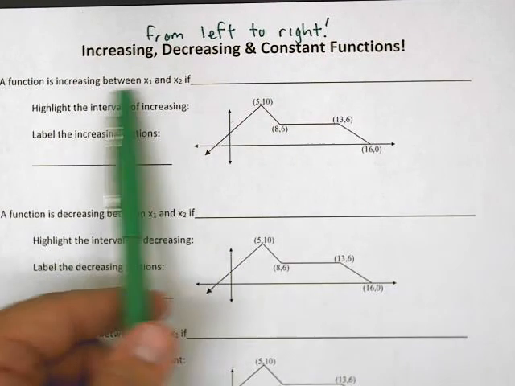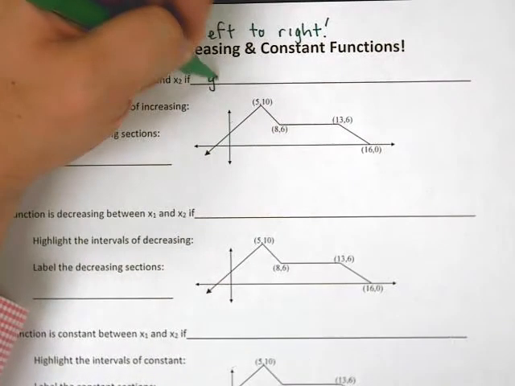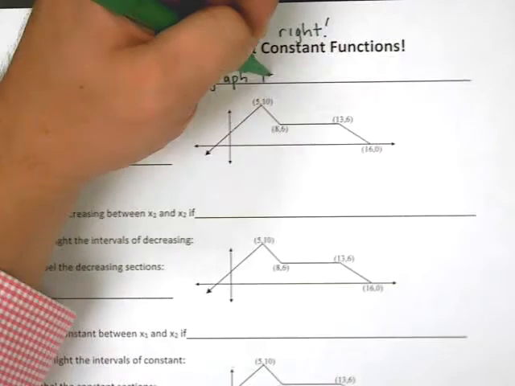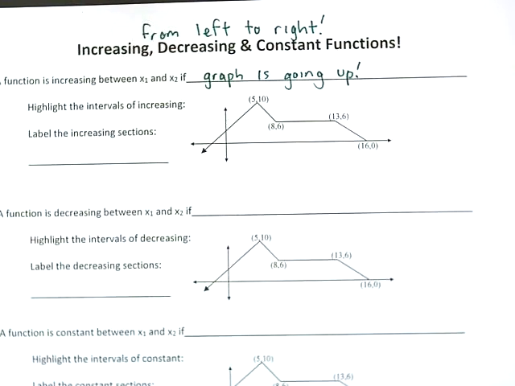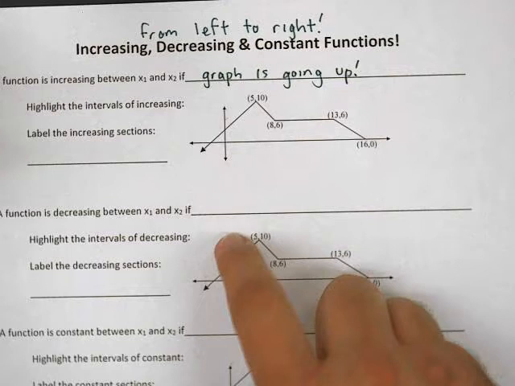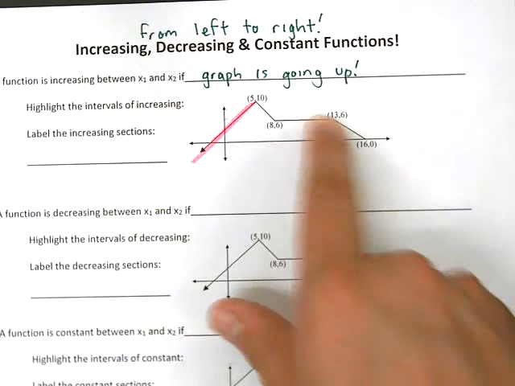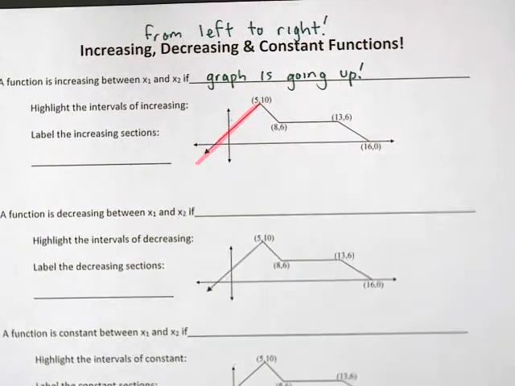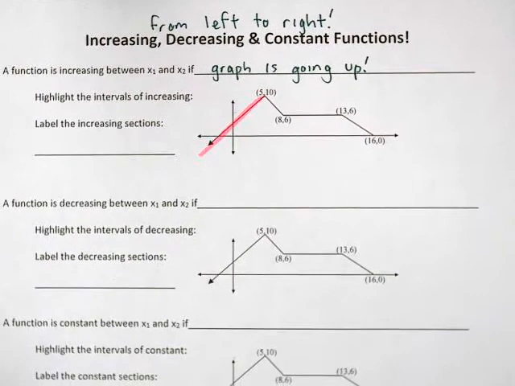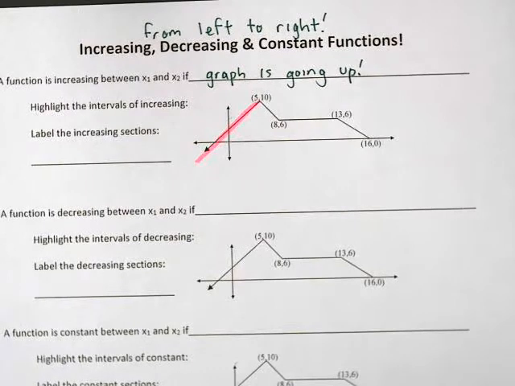So if a function is increasing between x1 and x2, that's happening if the graph is going up. Pretty easy, right? Not too bad. So what do we notice here? I would say my graph is definitely going up here, and then it's down, and okay, so that's the only place where my graph is going up, which means now I have to describe that section of the graph using interval notation.